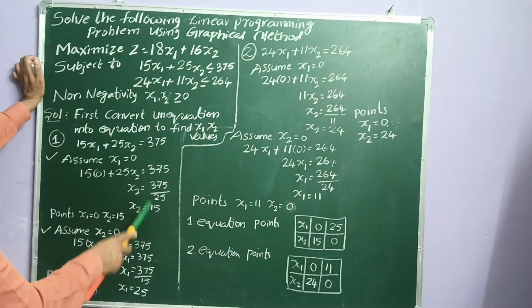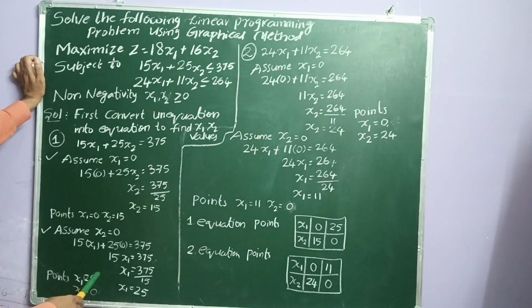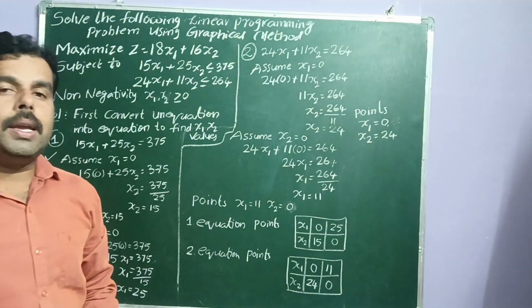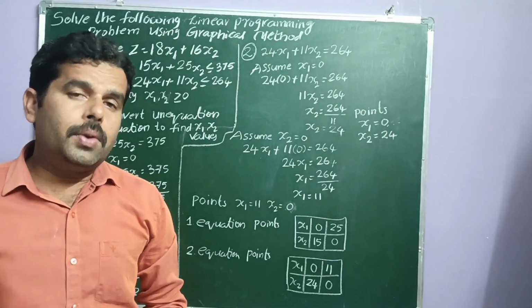The same procedure applies. 15 into x1 equals 375. We don't take the 25 term because 25 into 0 is 0. So x1 equals 375 divided by 15, which is 25. 15 twenty-fives are 375. So the point is x1 equals 25 and x2 equals 0. We got the equation 1 values.